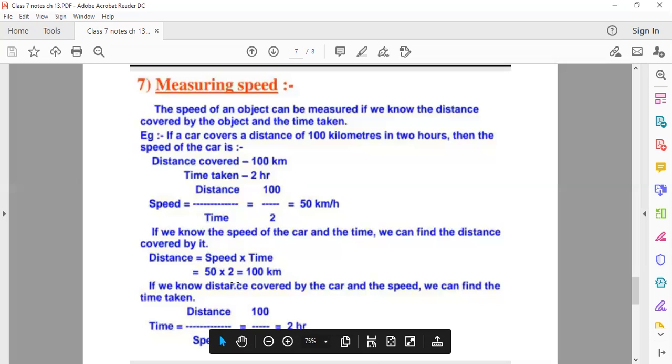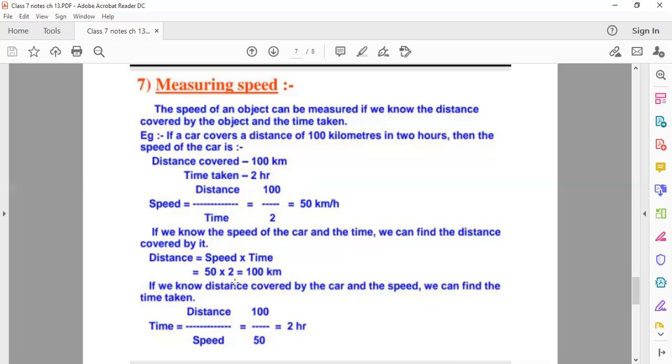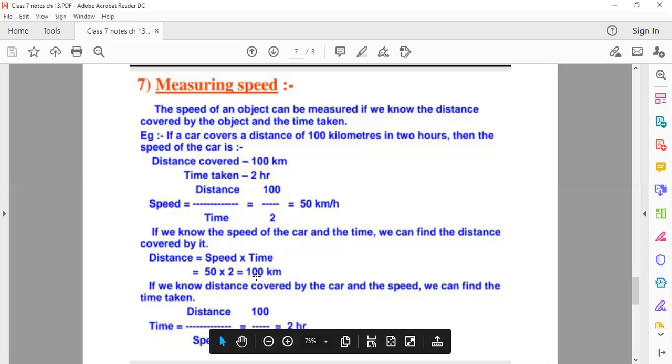That can be found by the formula distance equals speed into time. Speed is 50 kilometer per hour and time is 2 hours. So the answer will be 100 kilometers, as we are finding the distance.